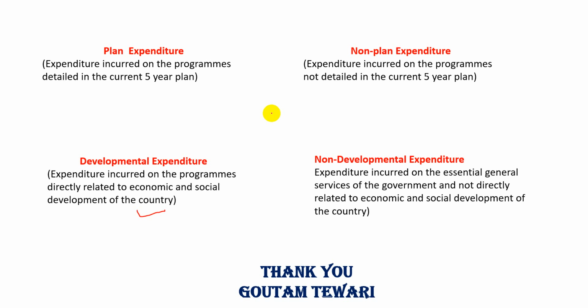Or when we sell our asset, suppose government sold one office building, that results in receipt of the government, but against it the government asset reduces. So normally in case of receipts we find there is either creation of liability or reduction in assets. So when either of these two things happens, then it is called capital receipts, and when neither of these two things are there, then it is called revenue receipts.